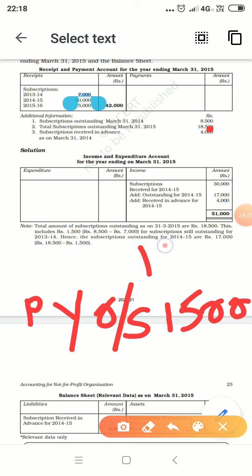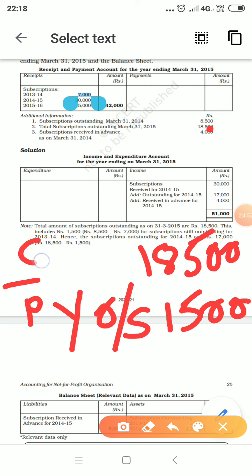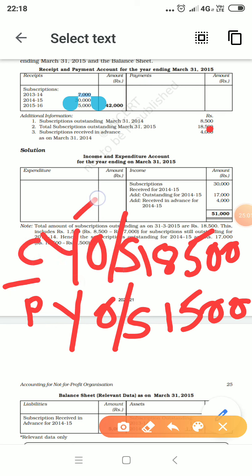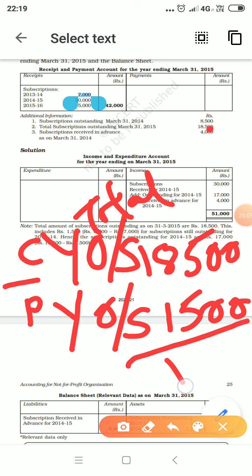So from 18,500, we have to subtract 1,500, we will get 17,000.